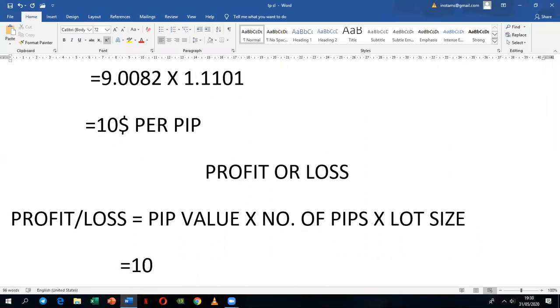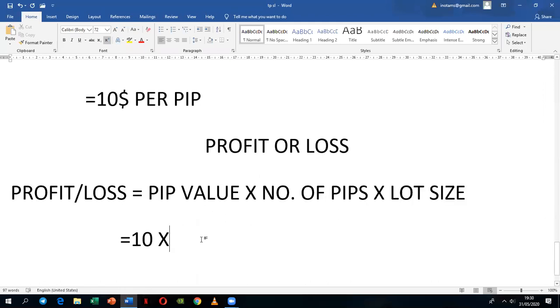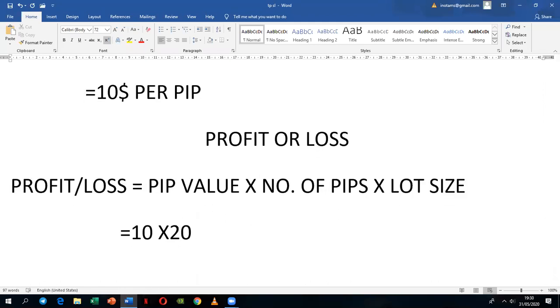Times, let's say we made 20 pips. Times, what number of lots did we use?